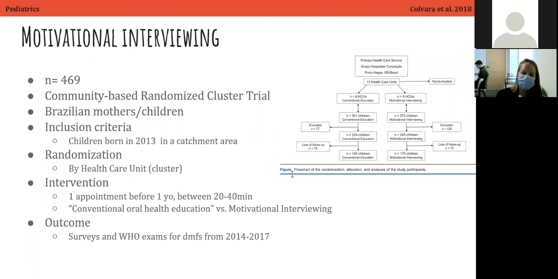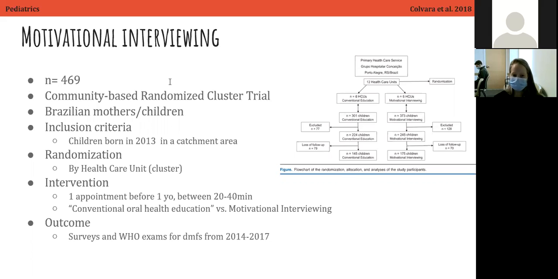So far, I've reviewed a lot of cross-sectional surveys, so I wanted to find one randomized trial. This was published in Pediatrics in 2018, and it looked at motivational interviewing. So basically, not just do you advise parents about ways to decrease a child's risk of dental disease, but how you do it. This was done in Brazil with about 419 kids, and it's a randomized cluster trial.